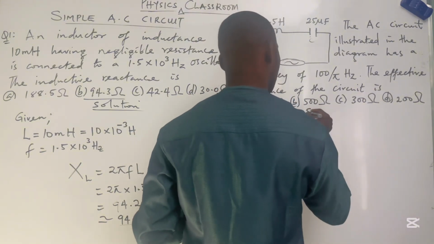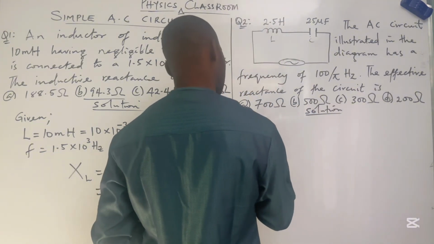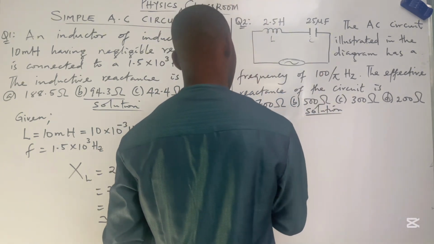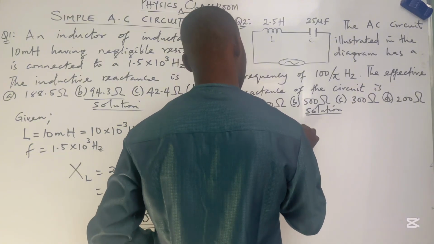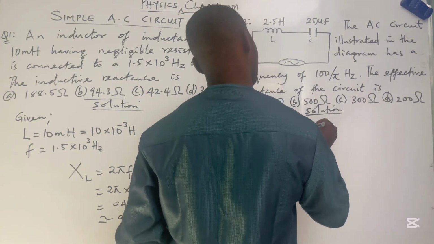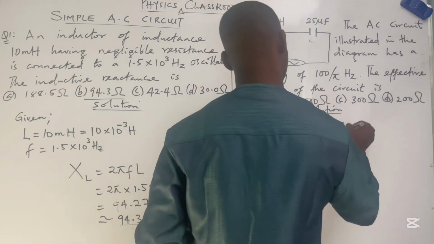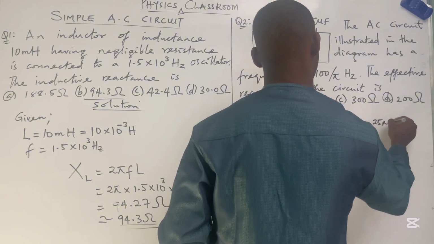So to solve the problem, you have to take down the parameters provided. The frequency was given to be 100 over pi hertz. Then your inductance is 2.5 Henry, while your capacitance is 25 microfarad.